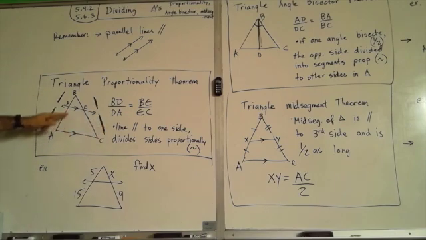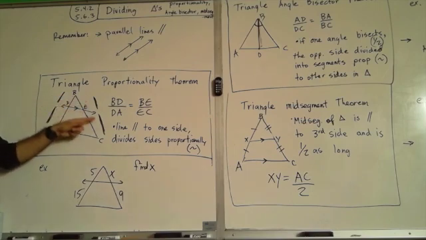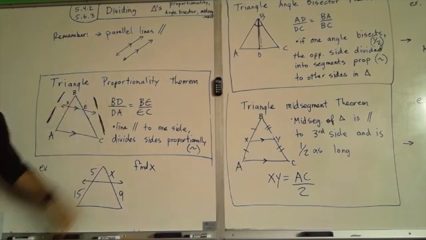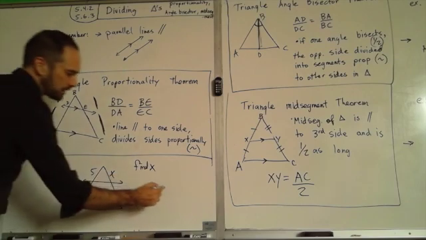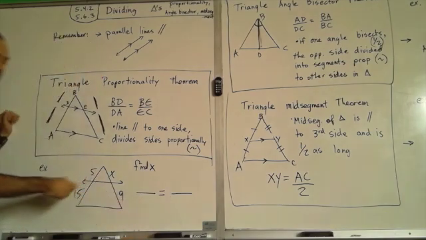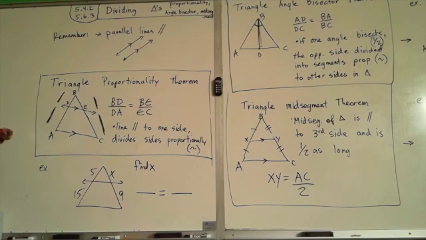So you can see that really what we're doing is comparing the segments of the triangle that are split by that dividing line. The line DE splits the triangle up, and basically what we end up with is a proportionality problem. So two ratios equal to each other, we'll cross multiply and solve.